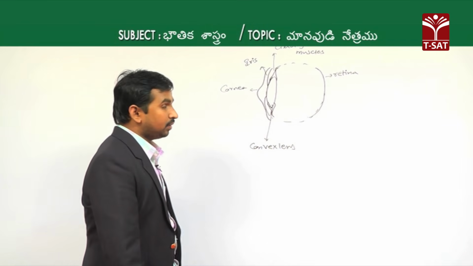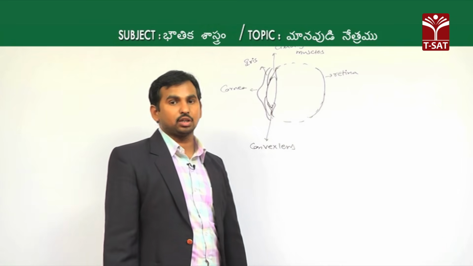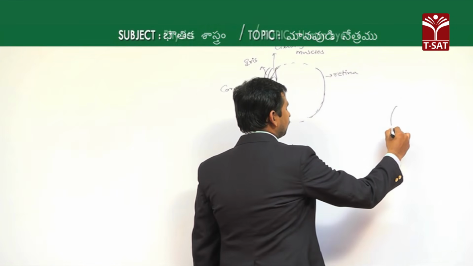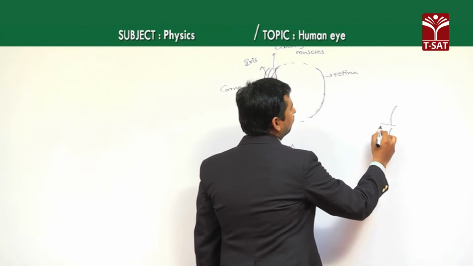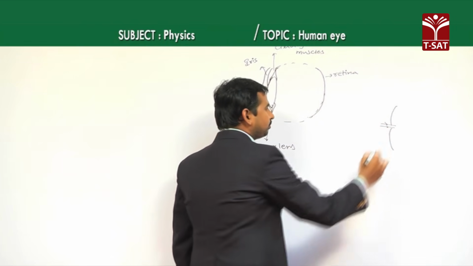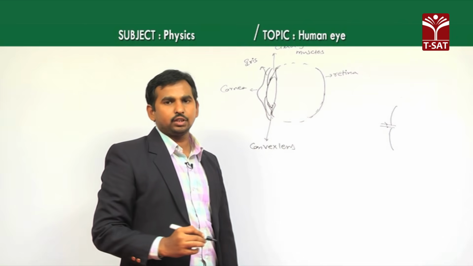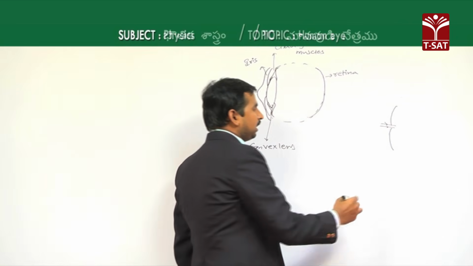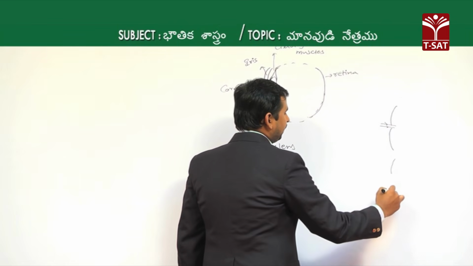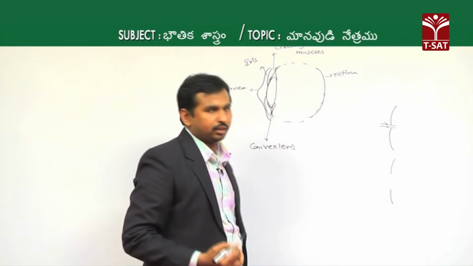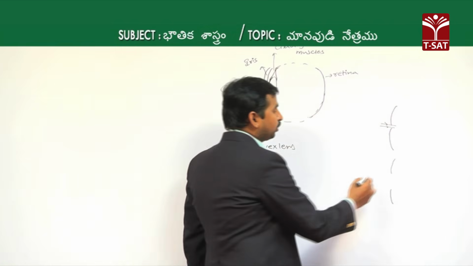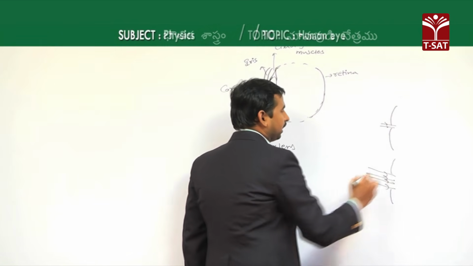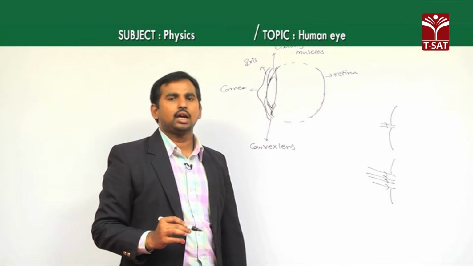The iris closes the shutters and allows only a small passage for the light rays to enter. Whenever you are exposed to very dim light, of less intensity, the iris extends back, so that the passage is larger and more light rays may enter inside. That is the work of the iris.